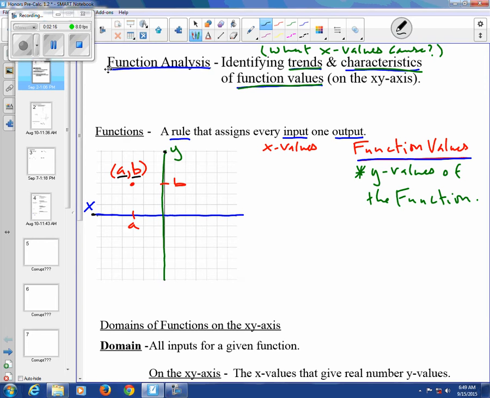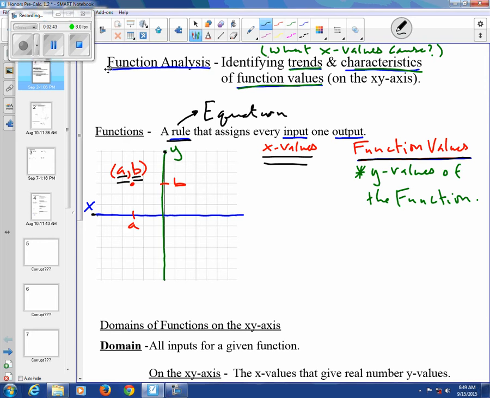So when we're talking about the rule of a function, generally what we're going to be doing is talking about some equation that takes x values, processes them, and is going to give some function values. And if those function values exist on the xy axis, that means that the x values we process are giving us real number y values.